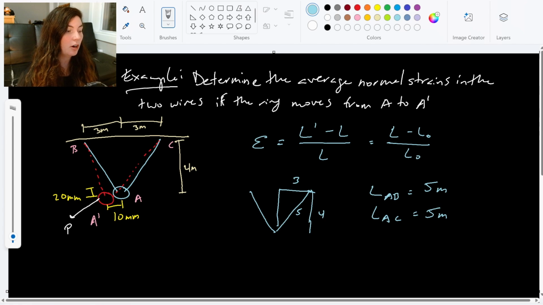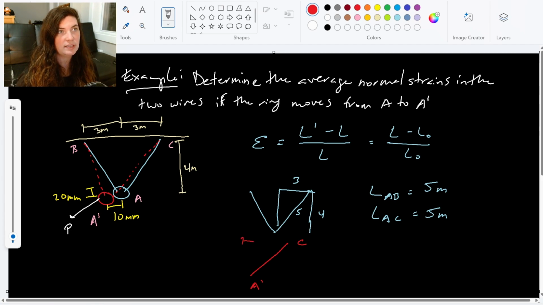So now we'll need to find our other 2 lengths, which we'll have to do a little bit of shifting, right? So our AC gets shifted over. We look at this length AC here. Length A prime to C is moving to the left by 10 millimeters.